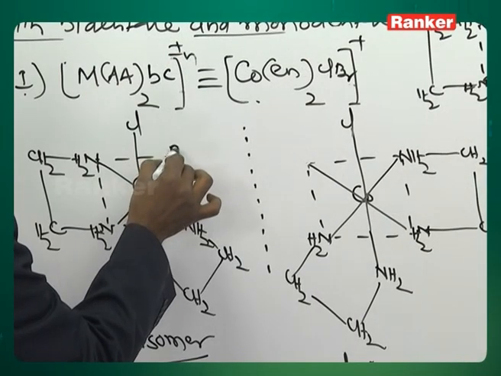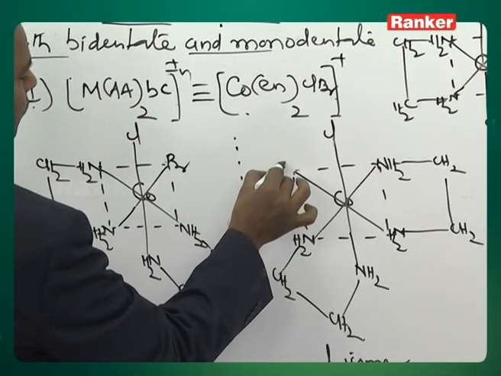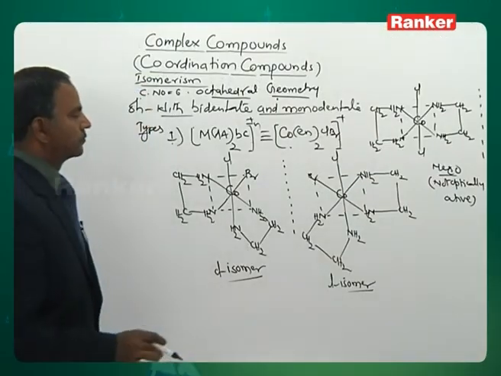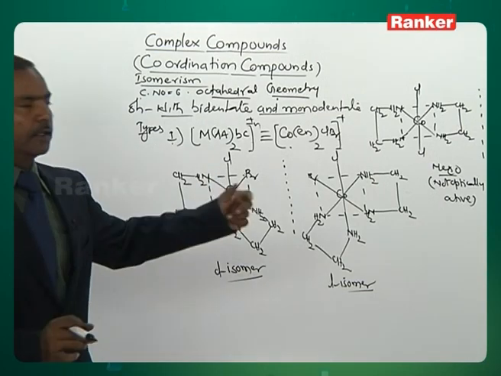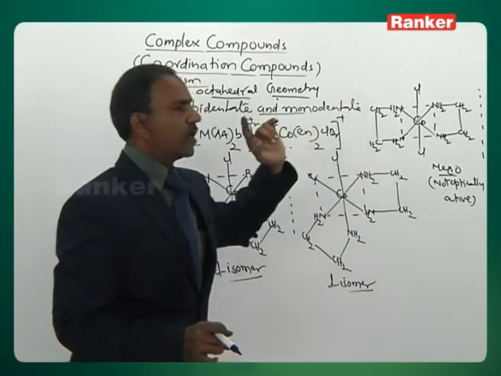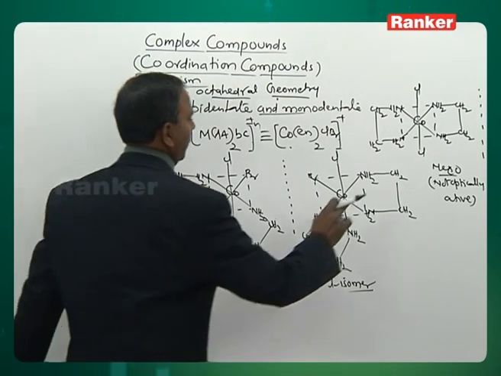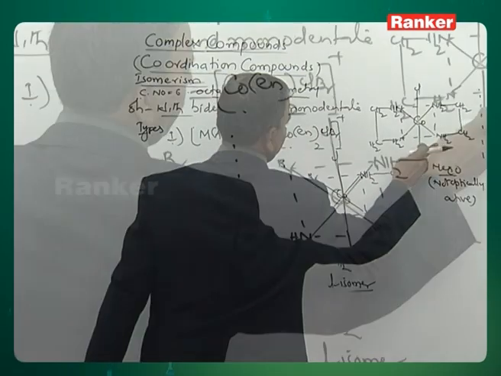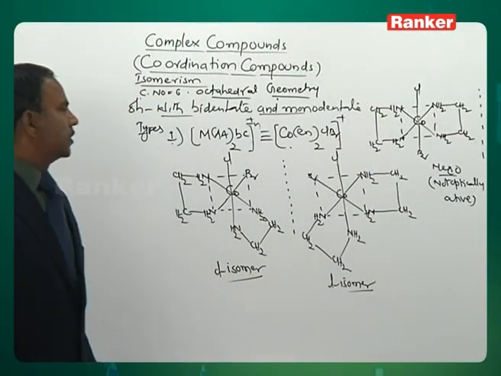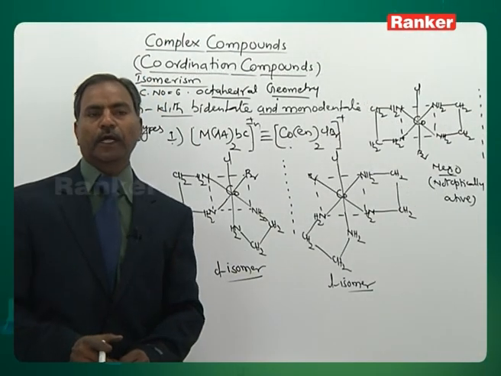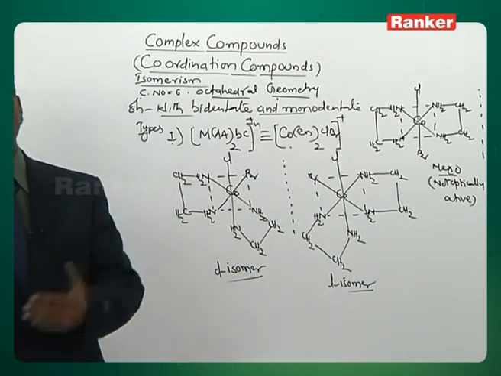Let me write cis only again, ClBr. This particular complex you consider D, and that is L. And similarly, if you write for the trans, trans is again optically inactive. So like this, M(AA) taken twice, B2 and again BC.